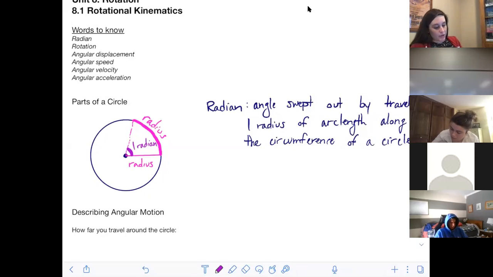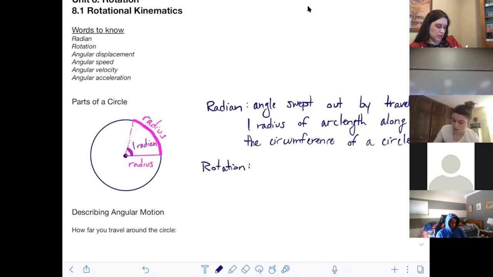Okay. Another thing that I want to make sure that we understand when we are talking about a circle, another definition, is not only what a radian is really trying to describe to you, but also what is being described when we talk about a rotation, because we're going to see that word rotation a whole bunch. So what is a rotation?